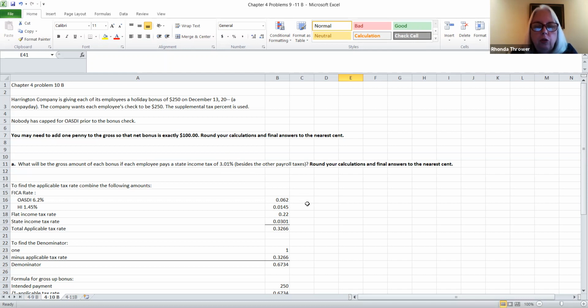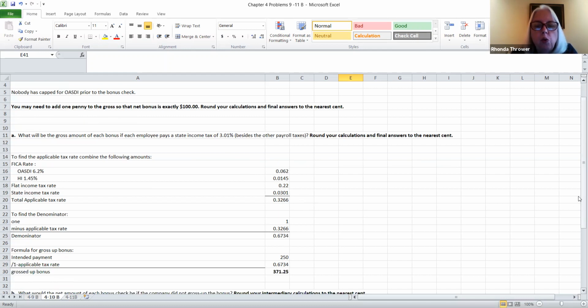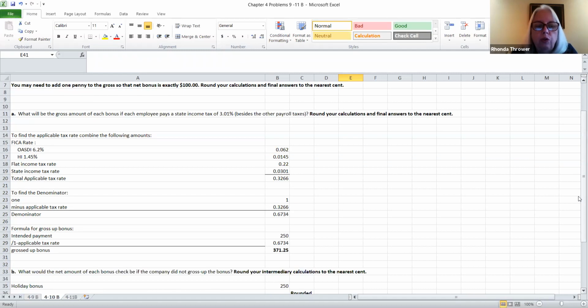To help you solve the problem, which is really a formula for the grossed up bonus amount, that formula is right here on the spreadsheet. It's your intended payment of the bonus.